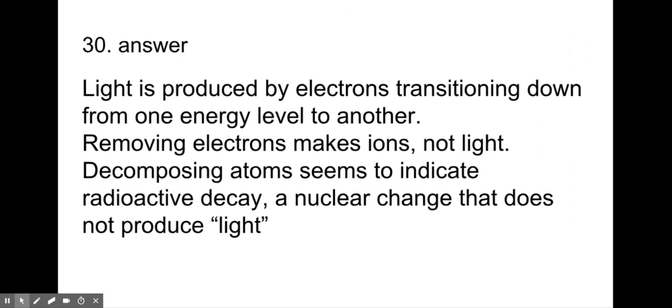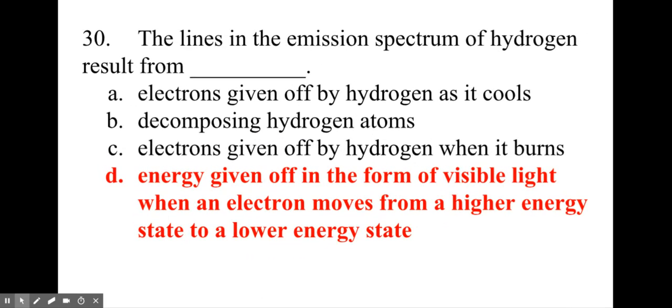So that's what I'm saying here. Light is produced by electrons transitioning. Removing electrons, like in A, makes ions. It doesn't create light. When they talk about decomposing atoms, that seems to indicate radioactive decay, which is a nuclear change. That also does not produce light. So we're looking for something that makes light, hence this emission spectrum.